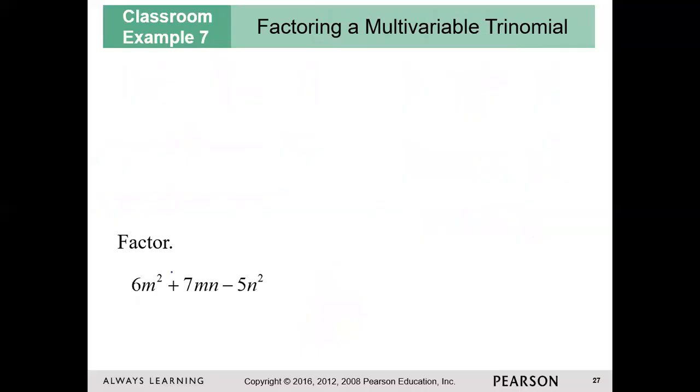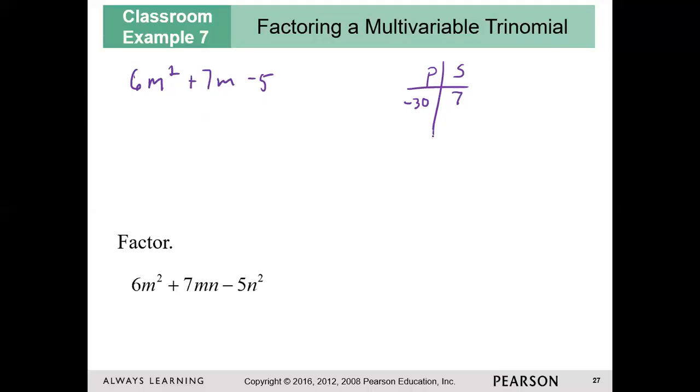All right, same sort of deal is going to happen here. Again, you have this multivariable situation. So let's just rewrite this so that we have 6m squared plus 7m minus 5. We're just going to ignore the n there, just like we did with the previous problems. We're going to use our product sum method, which is going to give us a product of negative 30 and a sum of 7.